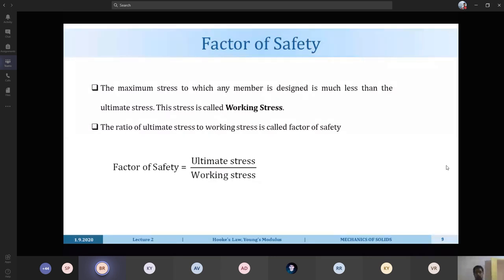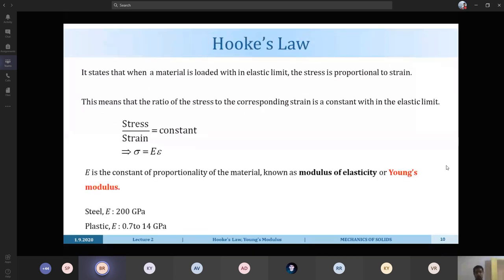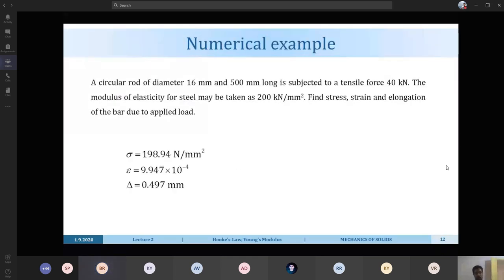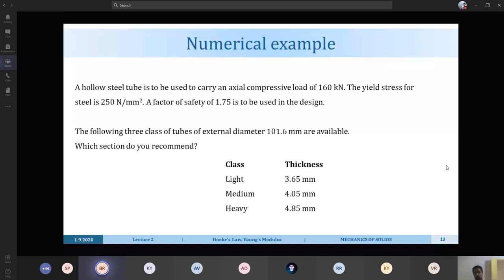That is the maximum stress which should act on this steel tube, or we can say the maximum external load, so that the steel tube does not yield or cross the yield limit. Okay, now we can proceed with this information.